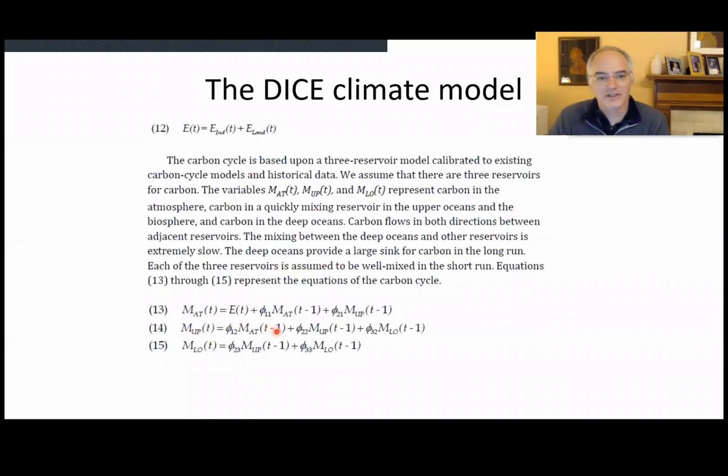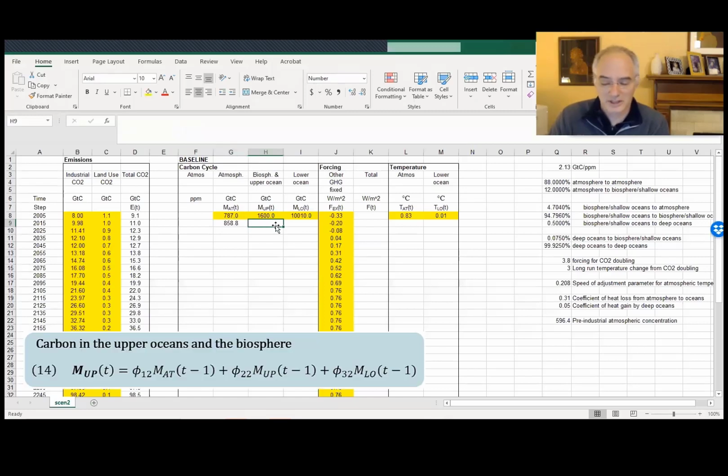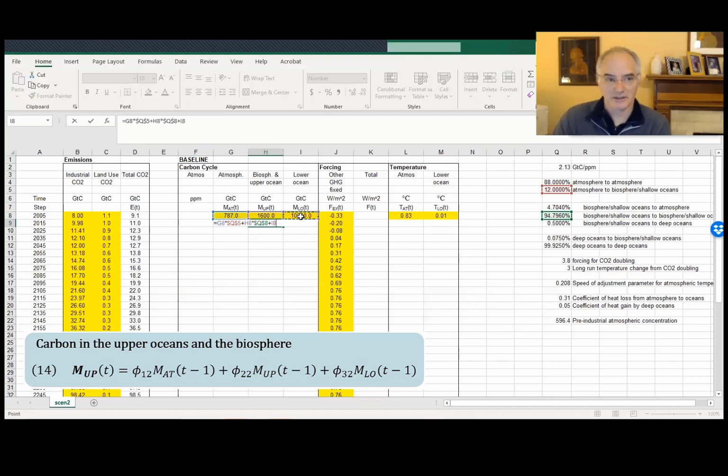So if you look at the formulas here, for the middle layer, it's going to be the previous period values of each of the reservoirs times the relevant transfer mixing coefficients. So I'm just going to type here that the amount in the middle layer in 2015 is the amount in the upper atmospheric layer in 2005 times this amount that moves to the middle layer, plus the amount in the middle layer in 2005 times this coefficient about how much stays, plus the amount in the very deep oceans in the previous period times the amount that rises back up.